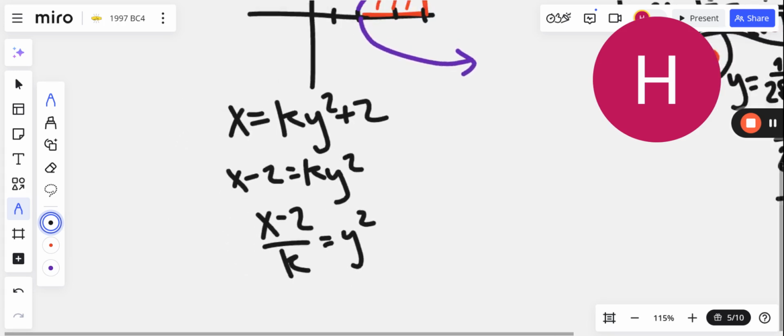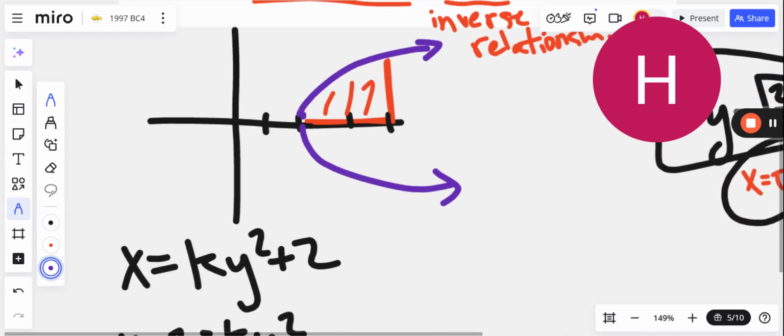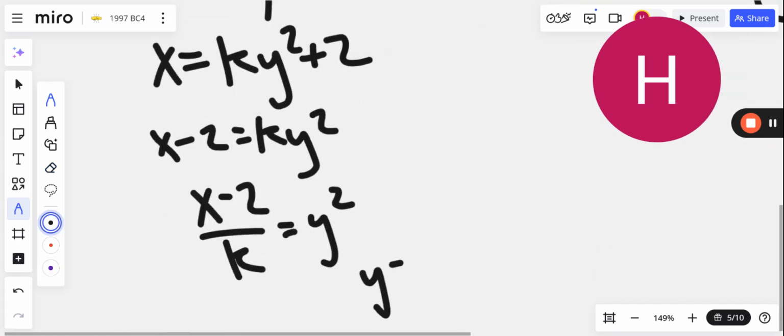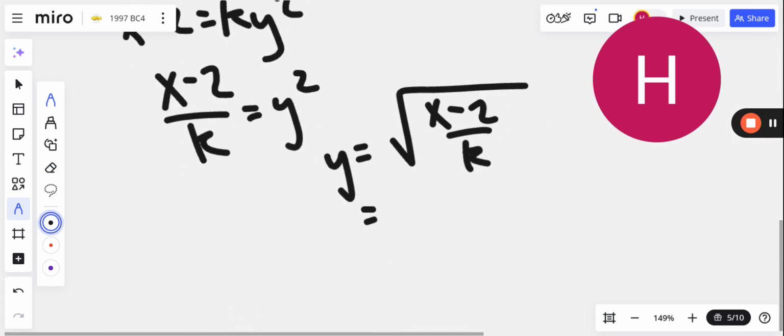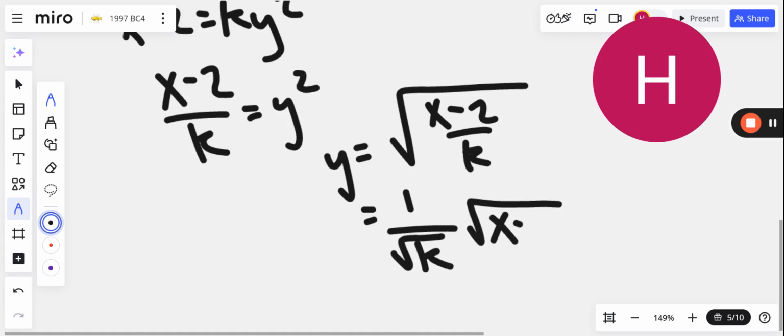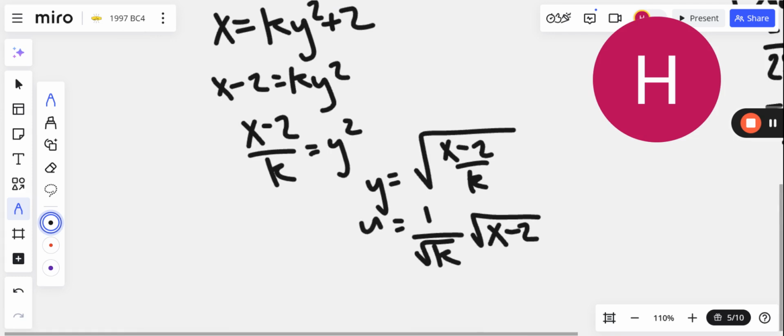Then we would say plus or minus, but we want the plus portion only. We don't want the bottom minus portion. So y equals the square root of x minus 2 over k. And if you'd like, we can call this 1 over square root k times the square root of x minus 2. I think that's just a little bit nicer.